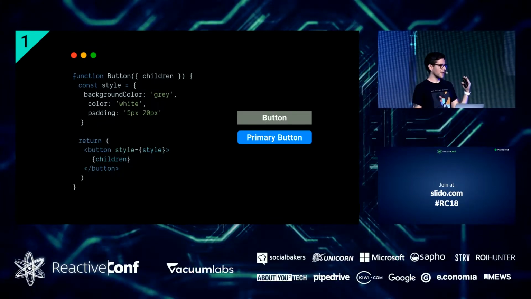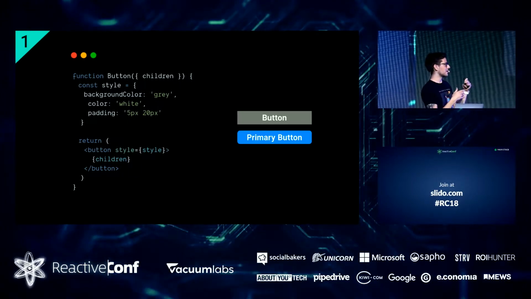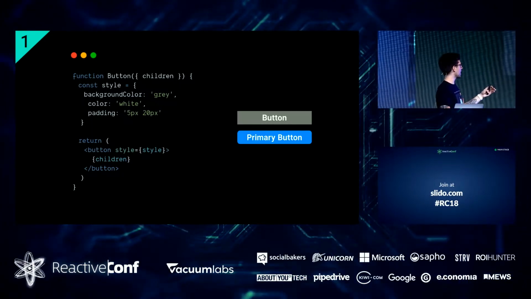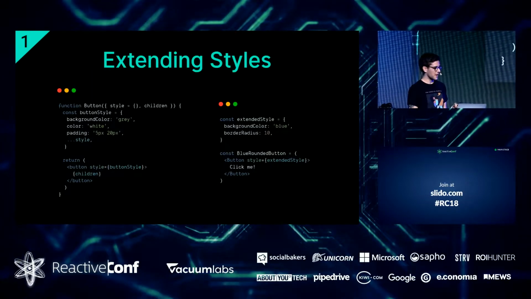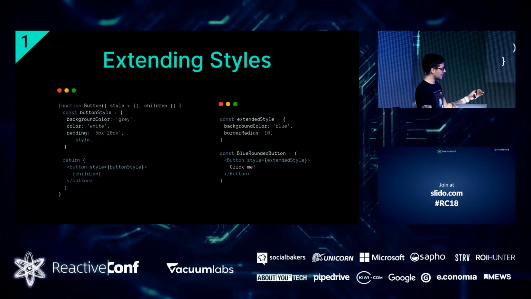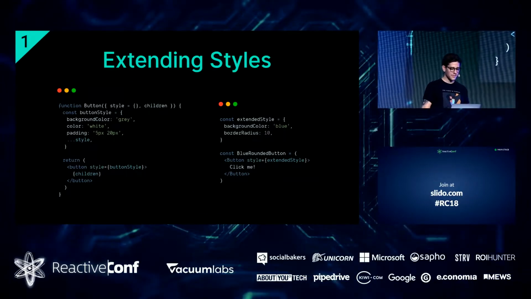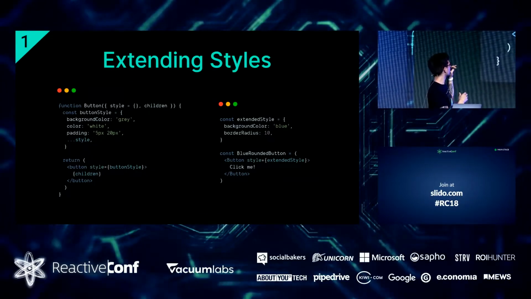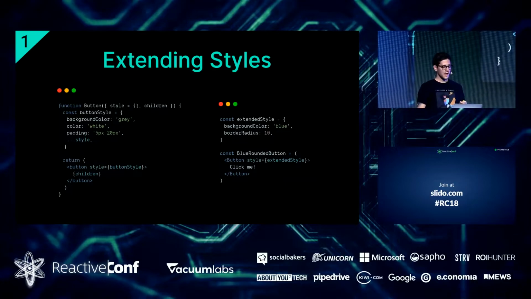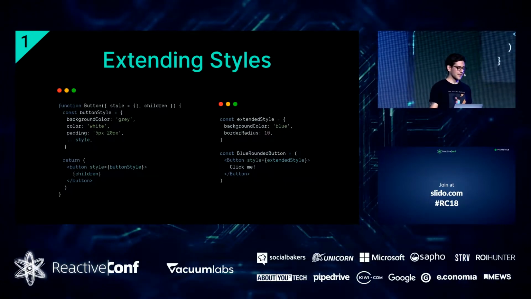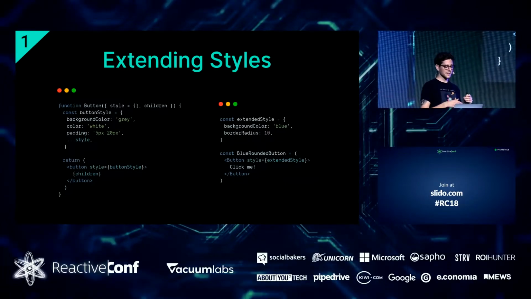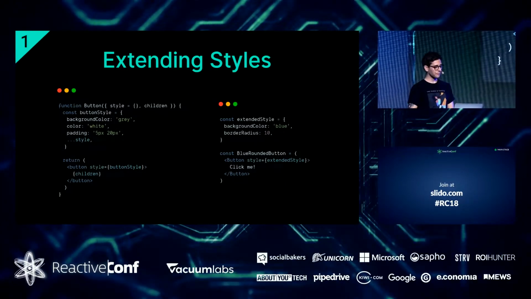But as you can think of this growing and growing more complex because you have more use cases, the common case is to extend the styling. And as we can see here, we're composing these base styles with some custom style that is passed by the user. And this allows us to add any other style to the button if we need to.